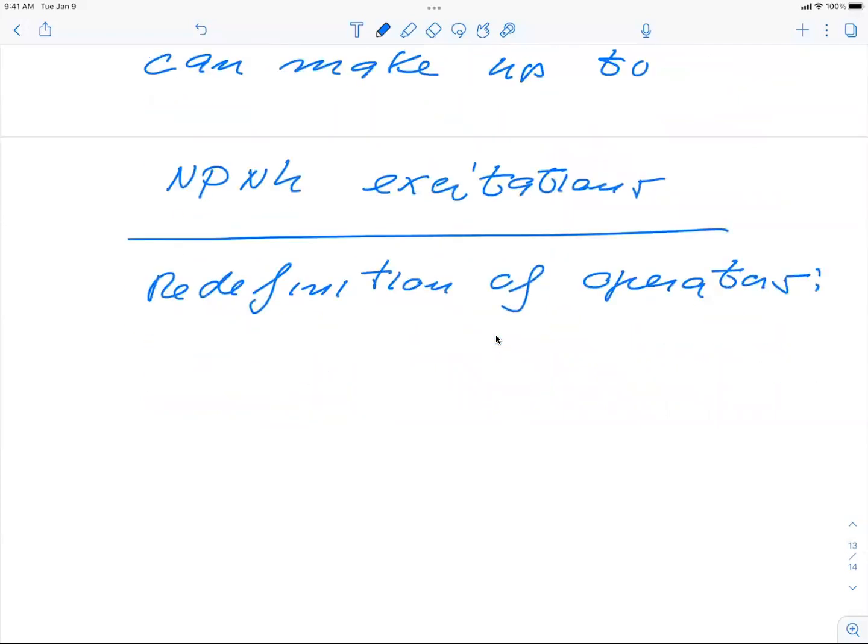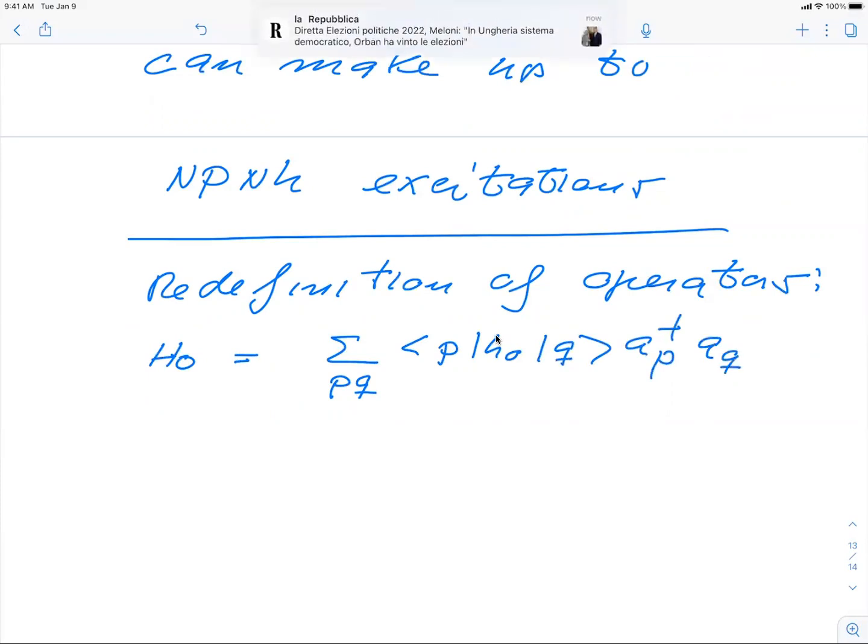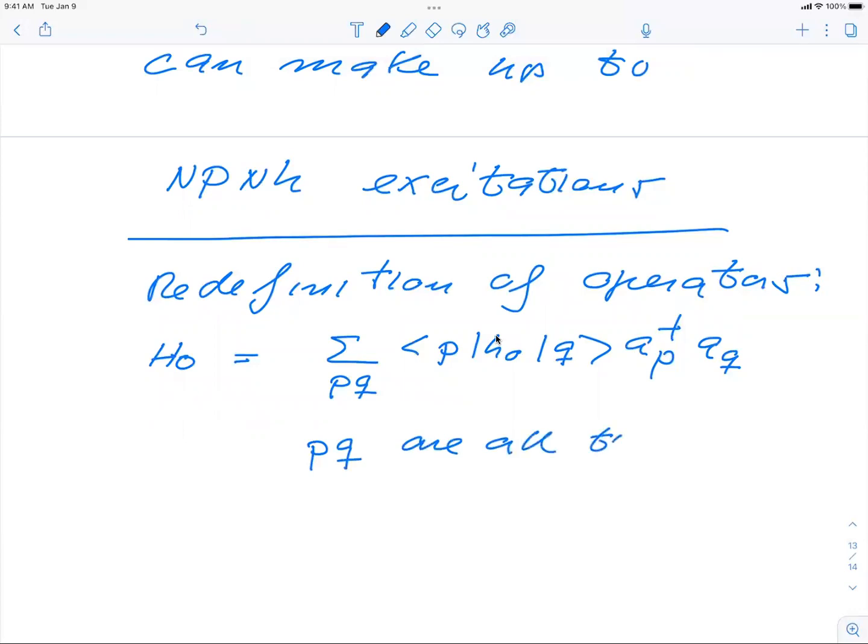So this is the end product. We are going to have a one-body operator, H0, which is going to be given by the sum over PQ of matrix elements of H0, <p|h0|q>, times a_P dagger a_Q. But before we come here, we actually need to make a transformation to the particle-hole formalism and then redefine things. So these P and Q are all types of single-particle orbits, below or above the Fermi level.